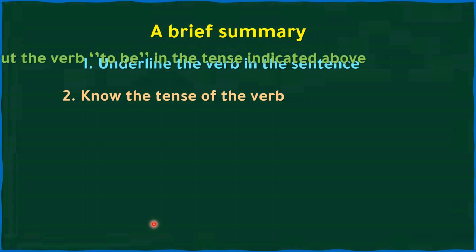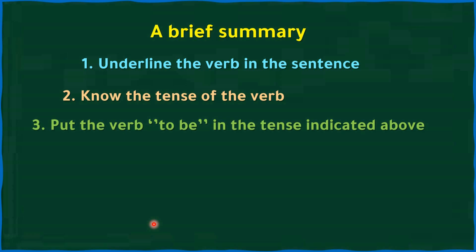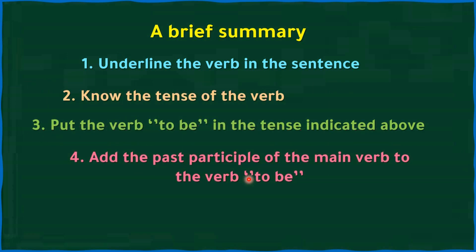Third, put the verb to be in the tense indicated above. For example, here you find that the verb is in the present. So automatically the verb to be will be put in the present. If you find that the verb is in the past, automatically the verb to be will be put in the past. Fourth point, add the past participle of the main verb to the verb to be.